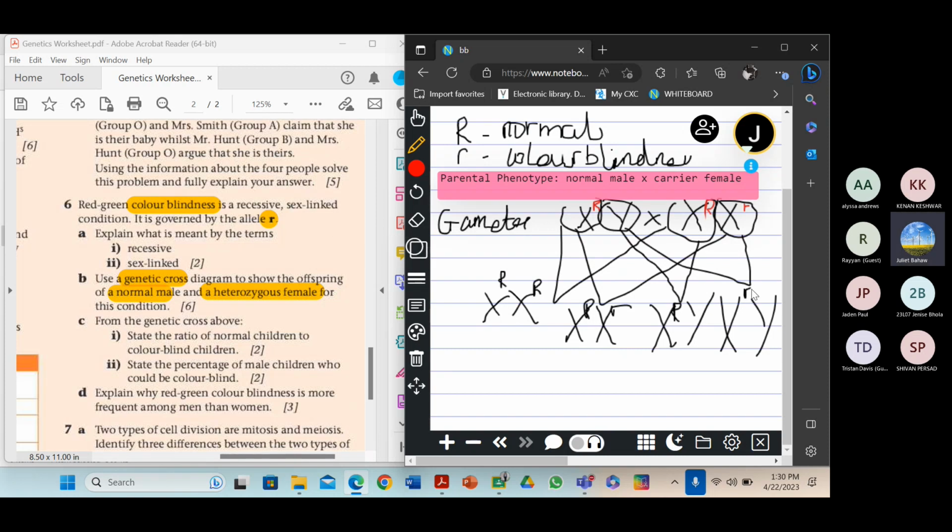Small r going here. Right, everyone seeing it now? Put down your working as you go, eh? As I'm writing, you write. Okay, so you have your test cross.